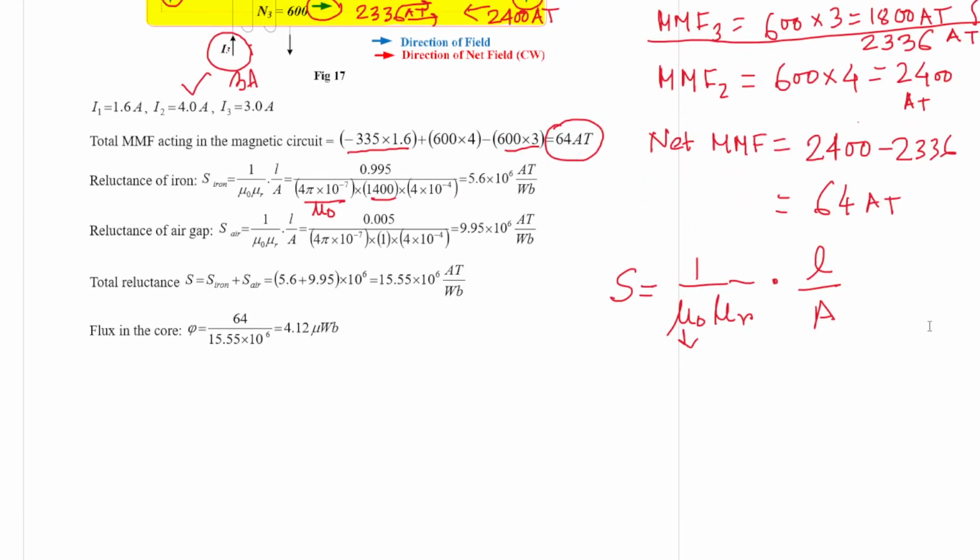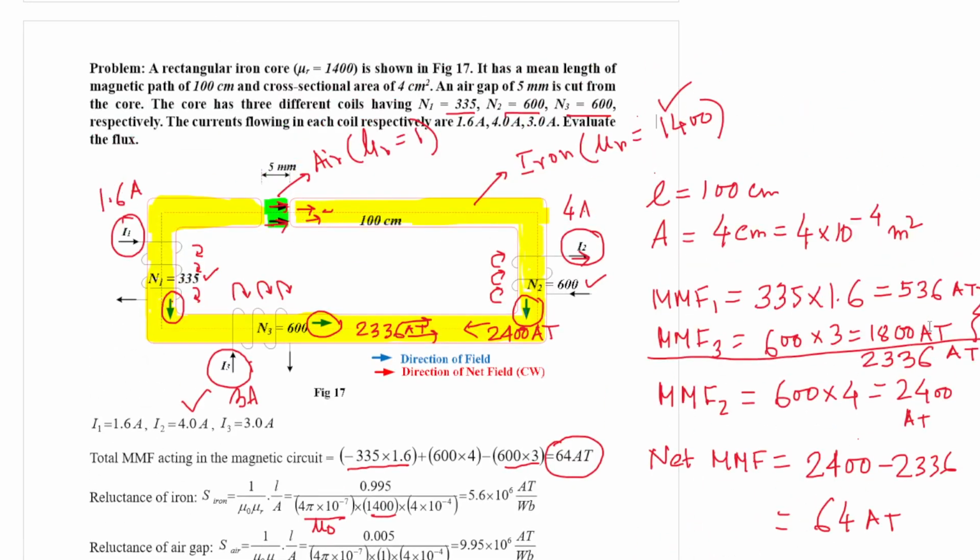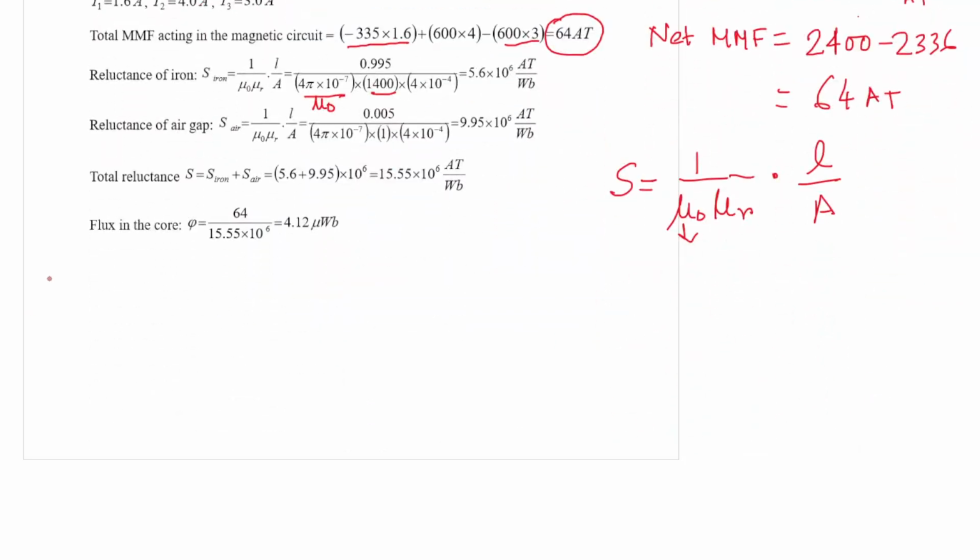And now the mean length is 100 centimeter. However, from this 100 centimeter, what is the mean length of iron? Mean length of iron is 100 centimeter.